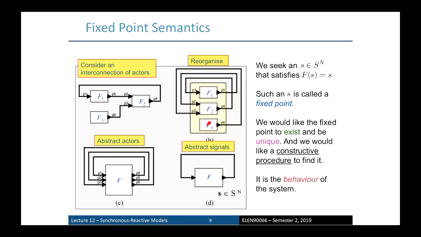So if we abstract the actors together in a side-by-side composition, and then we abstract the signals together by stacking them together, remembering that there are independent signals here, then we end up with a feedback interconnection.